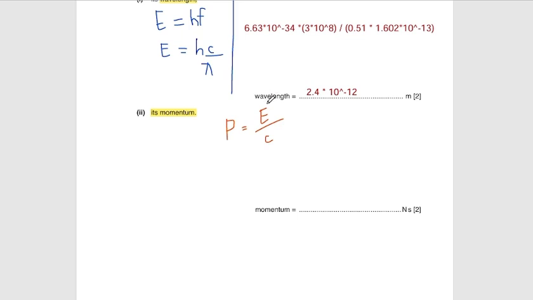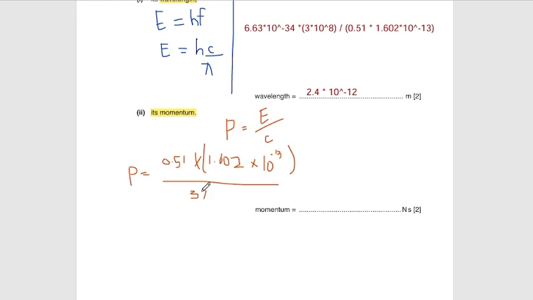Again, we have all the values that we need, pretty straightforward. We have momentum that we have to find, energy was 0.51, and then you have to multiply it with 1.602 into 10 raised to the power minus 13, over speed, which is 3 into 10 raised to the power 8.